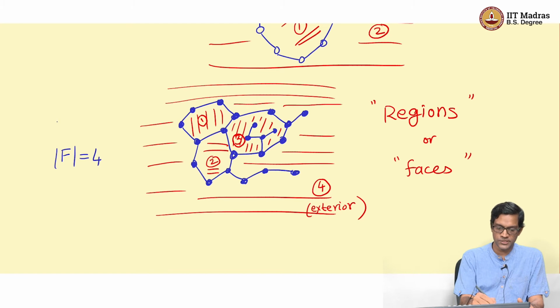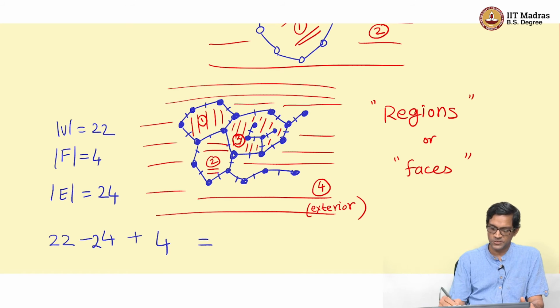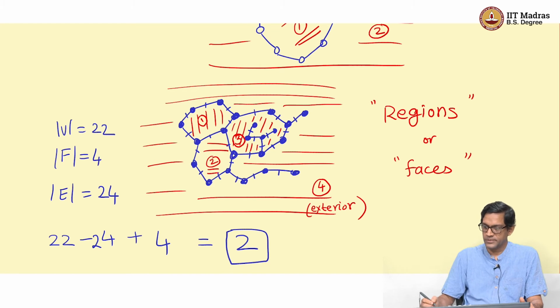So I've got 22 vertices in this case. And let's count the edges. So there's 1, 2, 3, up to 24. Okay, and in this case 22 minus 24 plus 4, so that's 26 minus 24, which is exactly 2.